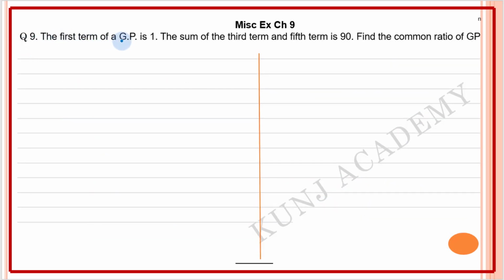Question. The first term of a GP is 1. The sum of the third term and fifth term is 90. Find the common ratio of the GP. Here the first term a is equal to 1.